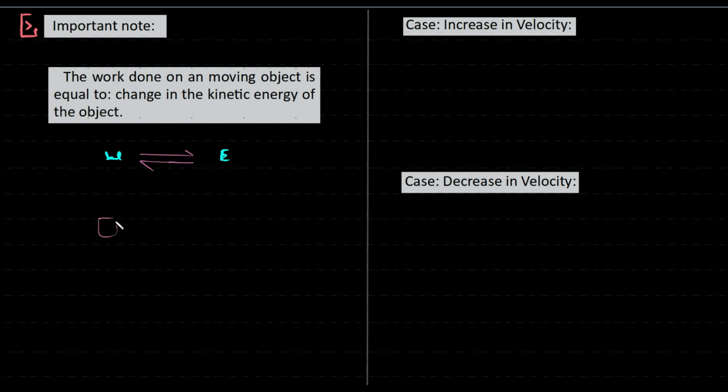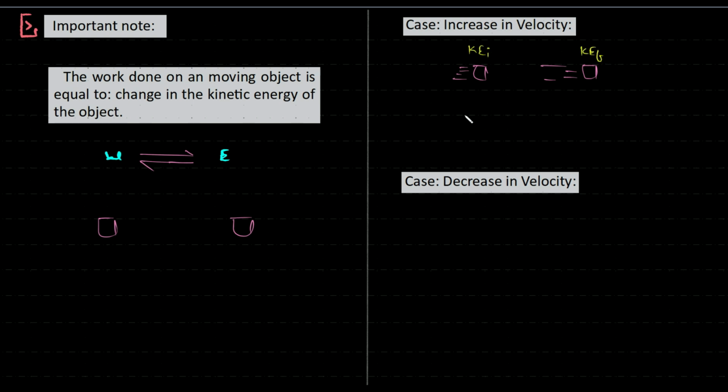Now, if I have an object and I increase the velocity, I have two different cases. If it's already moving and I make it move faster, does its energy increase or decrease? It increases, is it not? So it has an initial kinetic energy and a final kinetic energy.